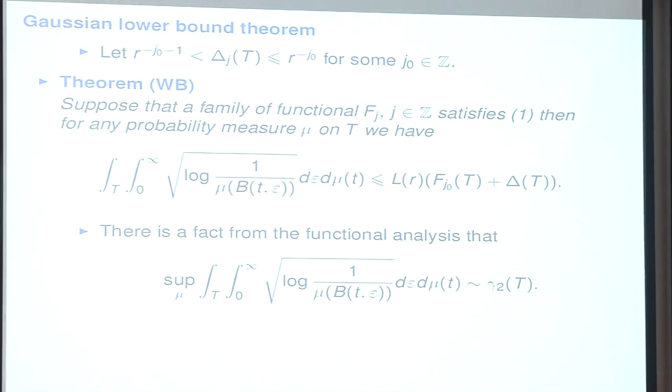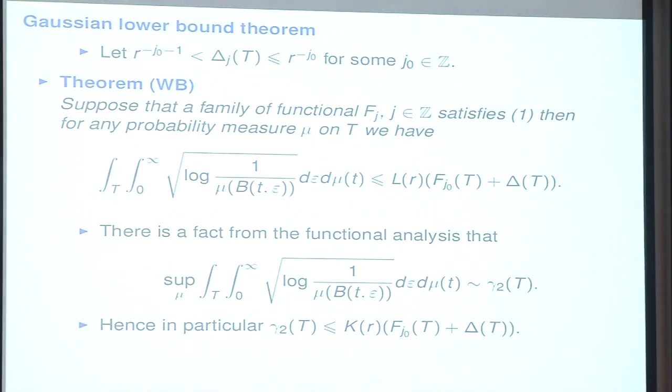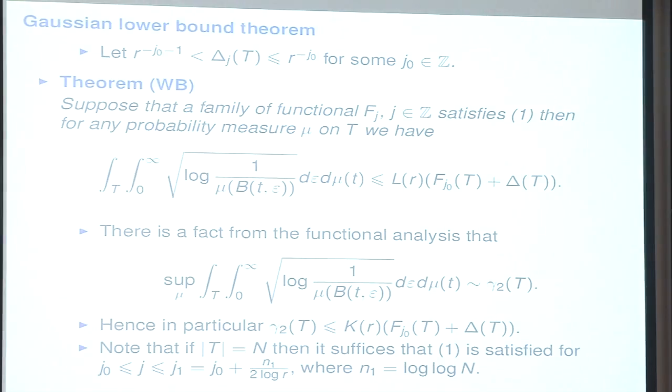But obviously, there are several proofs of the fact that a family of functionals that satisfies the growth condition must dominate gamma 2 numbers, and one of them was early in the morning. So the picture is that having the growth condition satisfied, we know that these functionals dominate gamma 2 numbers.